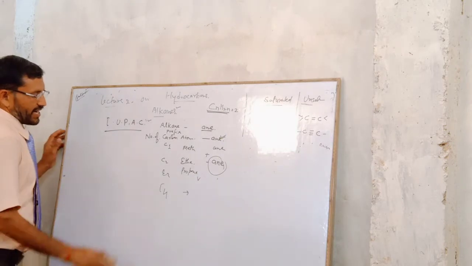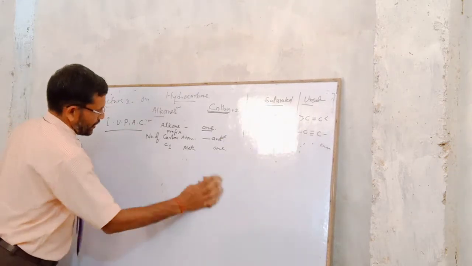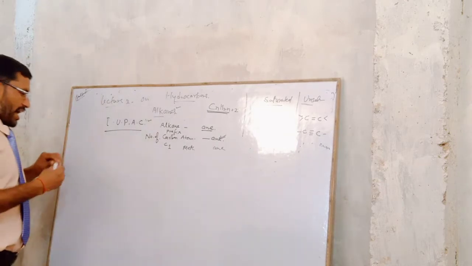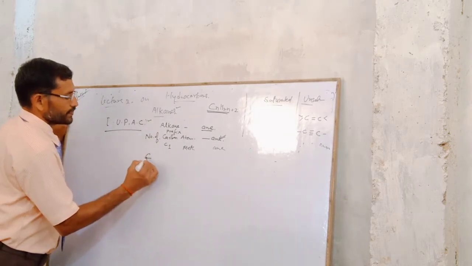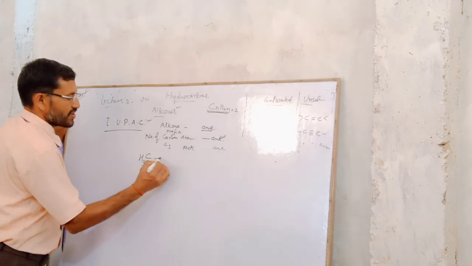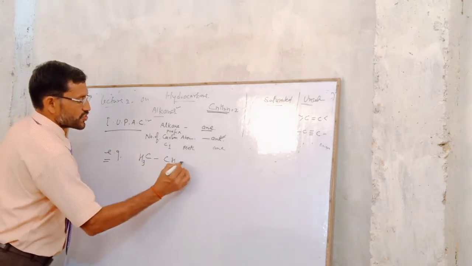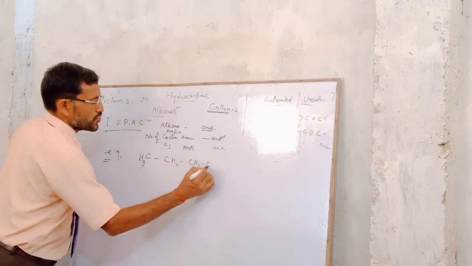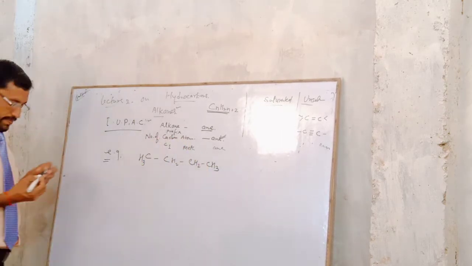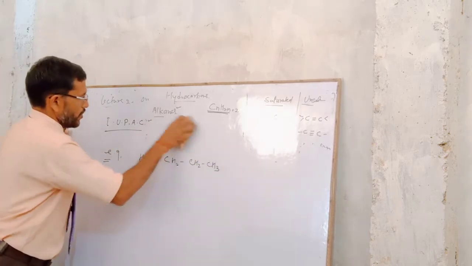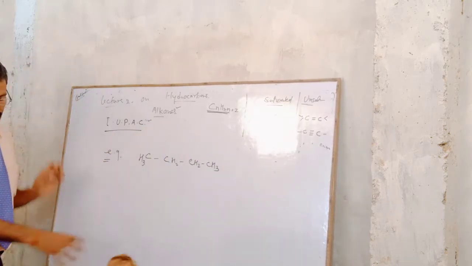Now this is one thing. But how will we get another example and naming for the compounds? Just see over here. If you have 4 carbon atoms, CH3, CH2, CH2, CH3, give the name. What is the name for that?